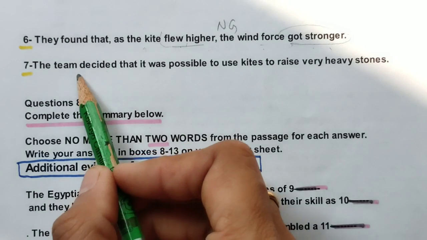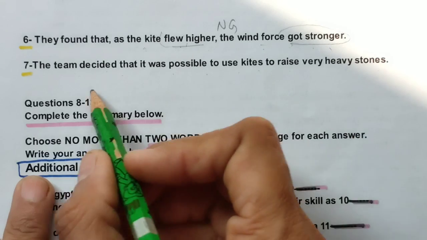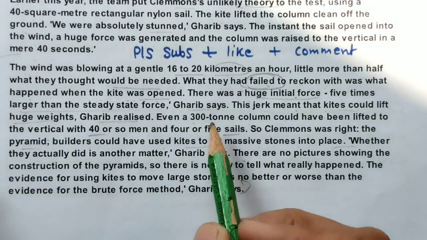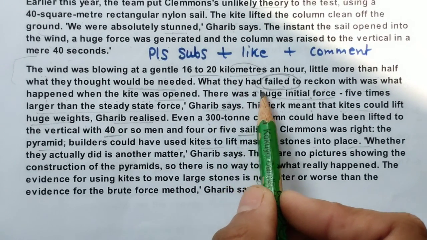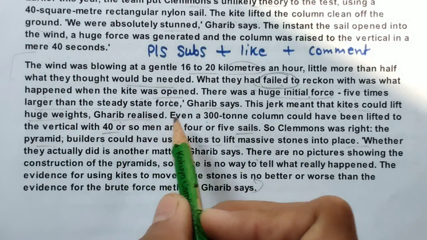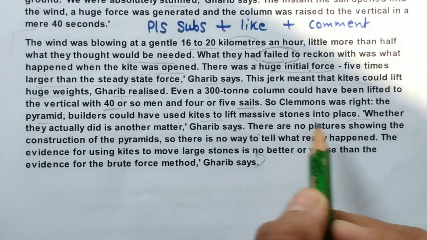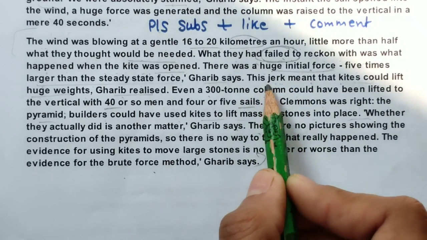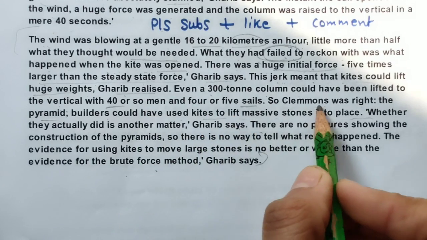Now the 7th number: the team decided that it was possible to use kites to raise very heavy stones. The team, somewhere I have just read, here also the wind blowing, there was a huge initial force, Garib realized, so Clement was right.